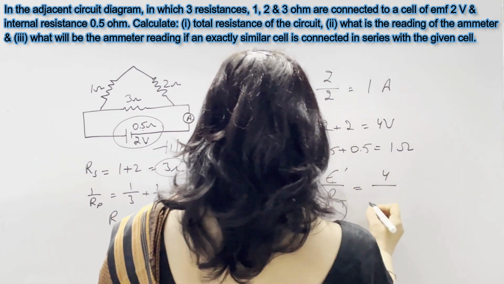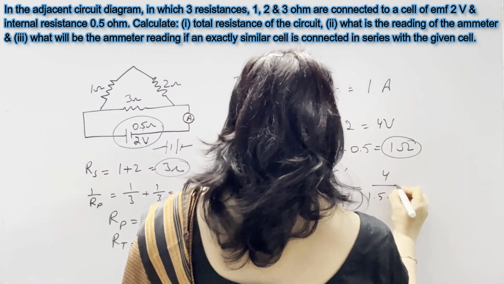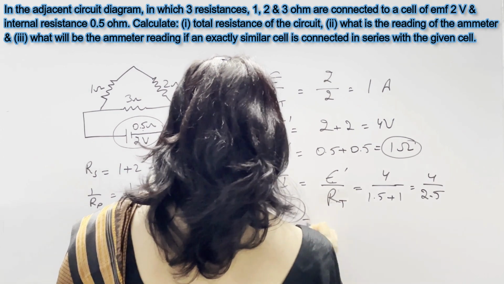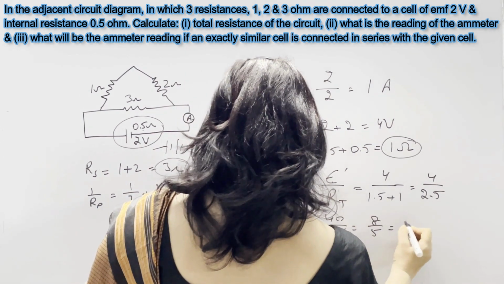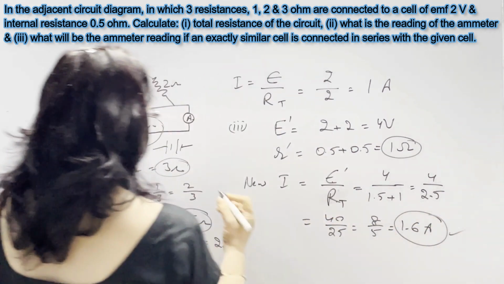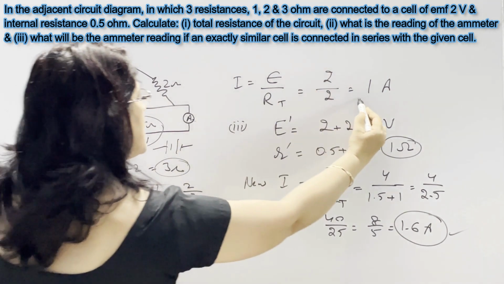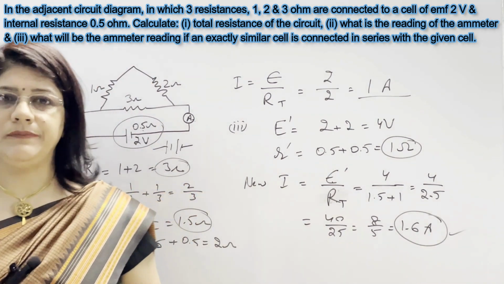Total resistance is 1.5 initially and then the new internal resistance, so 4 upon 2.5. It means 40 upon 25. So 8 upon 5, it means 1.6 ampere is the new value of the ammeter, although the initial reading of the ammeter is 1 ampere, but the new reading is 1.6 ampere.